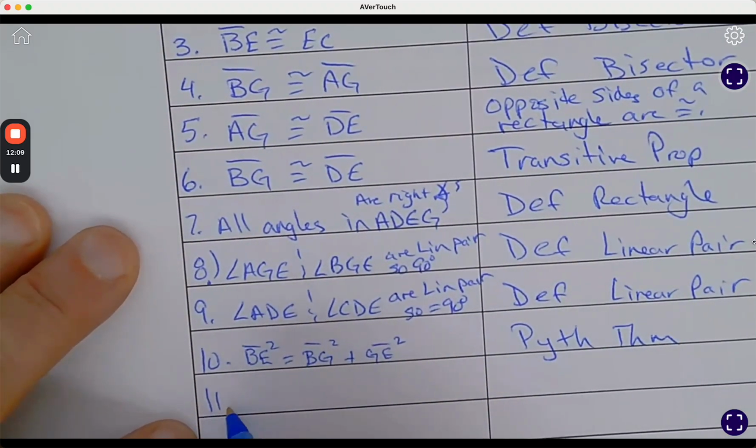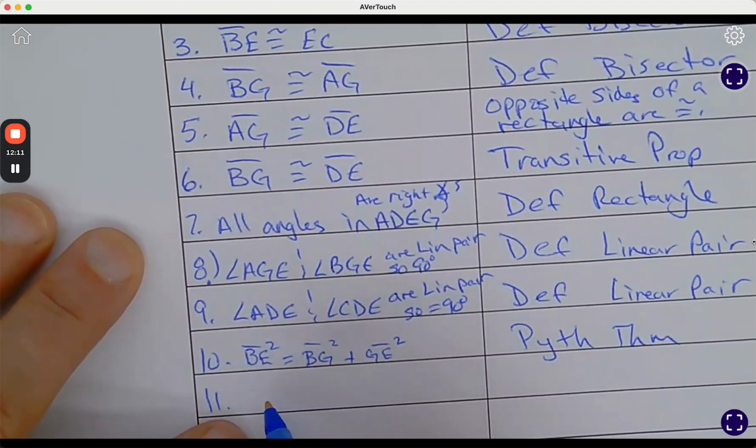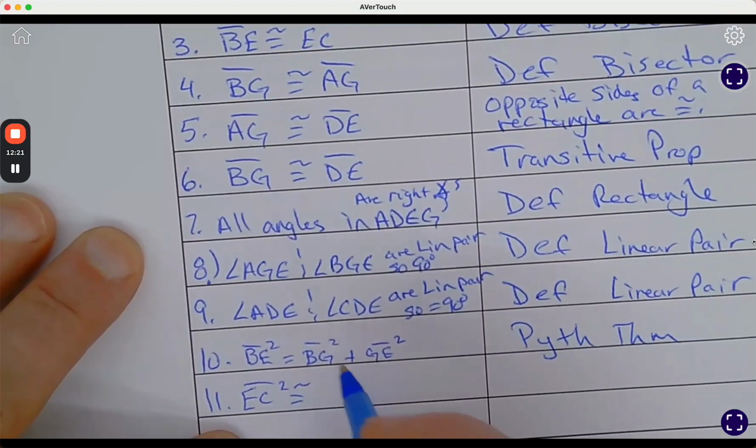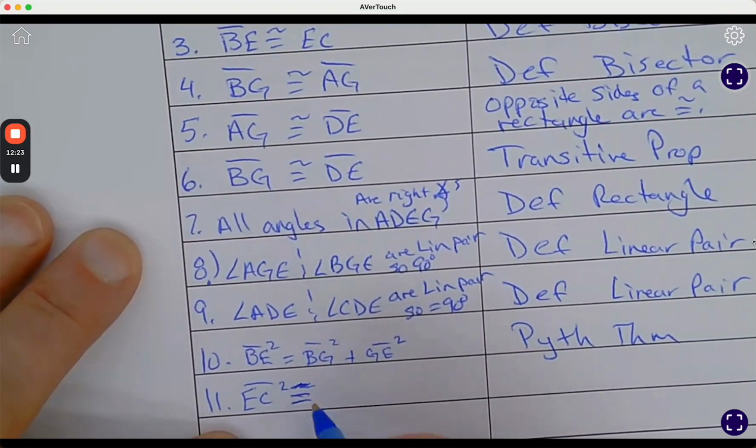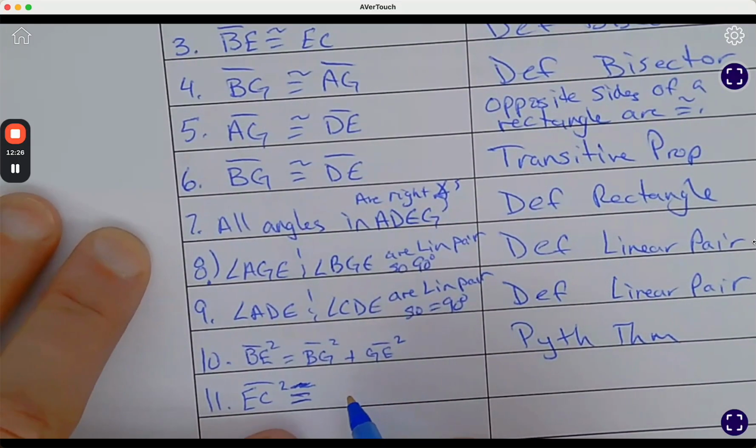And I also know that EC squared, talking about measurements, is equal to ED squared plus, no, sorry, DC squared.